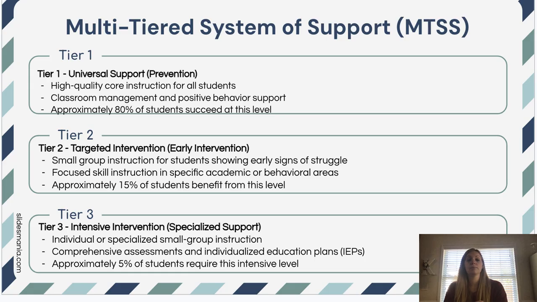Then you go into tier 2, which is where those students that need more help, and you start pulling them into small group. Now, if you're not at that 80% for your tier 1, then you need to readjust your teaching. But if you are at that basically 80% when students are taking tests, then that 15% that is not scoring where the rest of their classmates are, that's when you pull them into small groups.